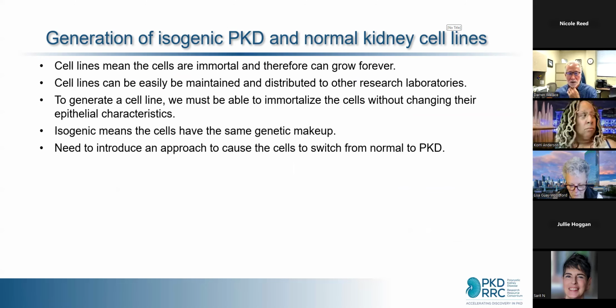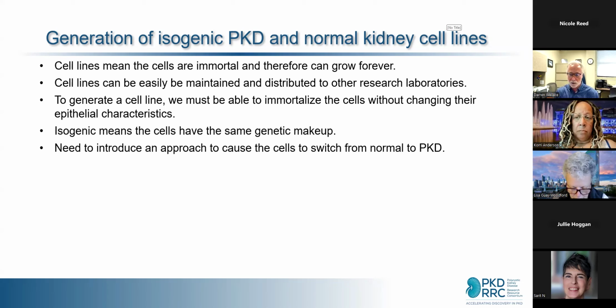Okay, so one of the problems with using human ADPKD cells is that for comparison, we'd have to use normal human kidney cells from another patient. So genetically, they're quite different. And so that's always a concern, because it'd be better if we had what's considered to be an isogenic cell line. So it's the same genetic makeup for the control and the PKD cells.